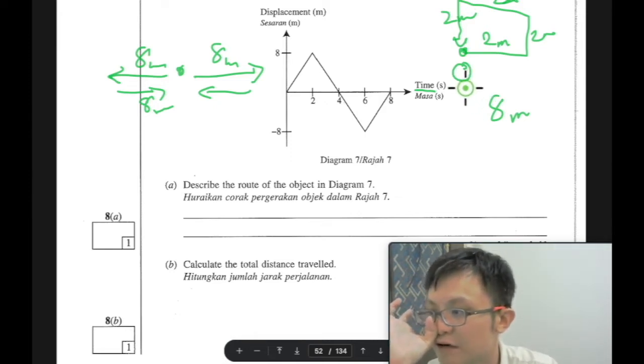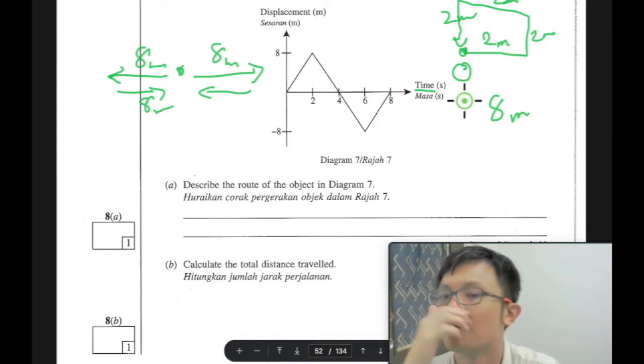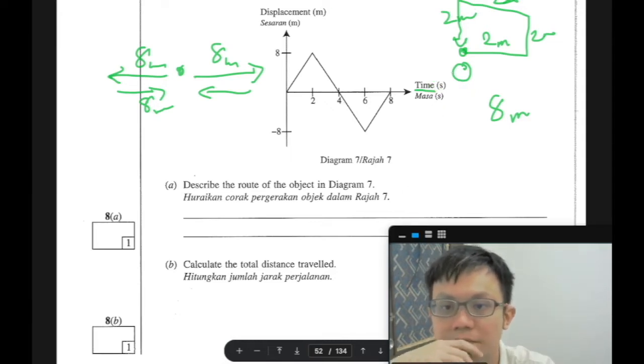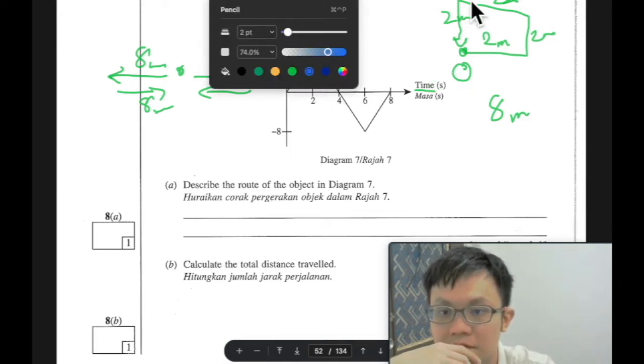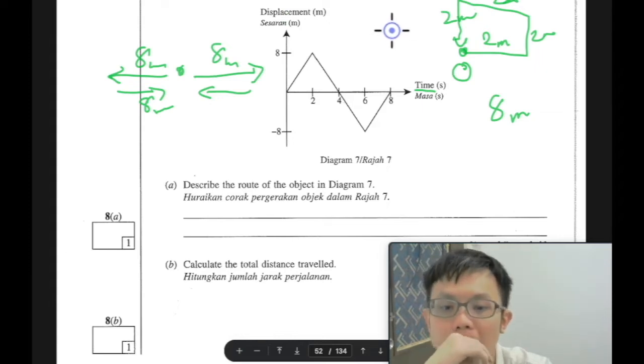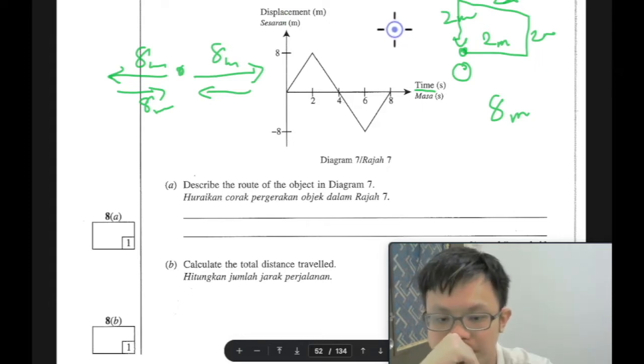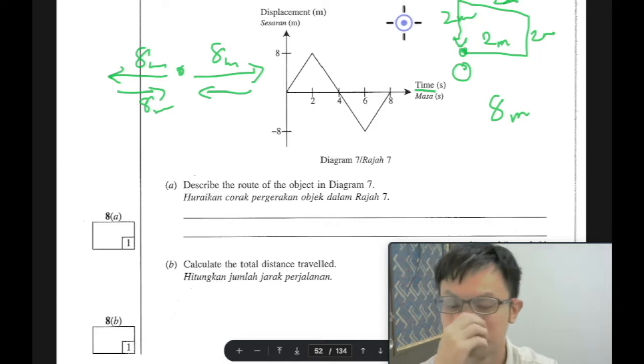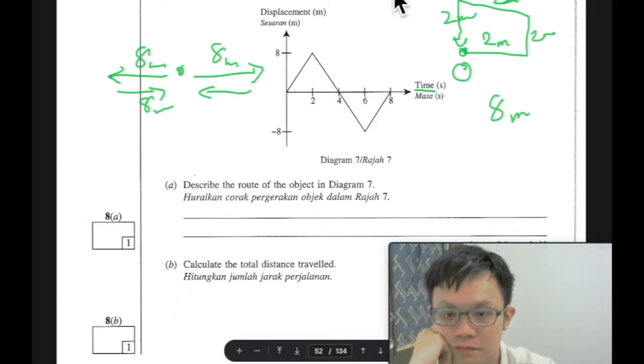Yeah, travel back 8 meters in 2 seconds with a constant speed. Then how do you describe negative 8? Travels backward with constant speed in 2 seconds, and travel forward for 8 meters in 2 seconds with a constant speed. Yeah, correct.